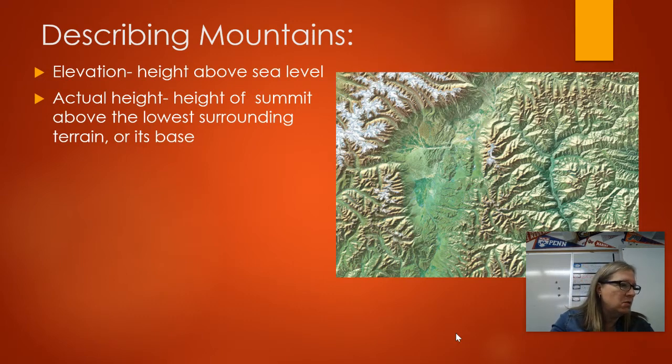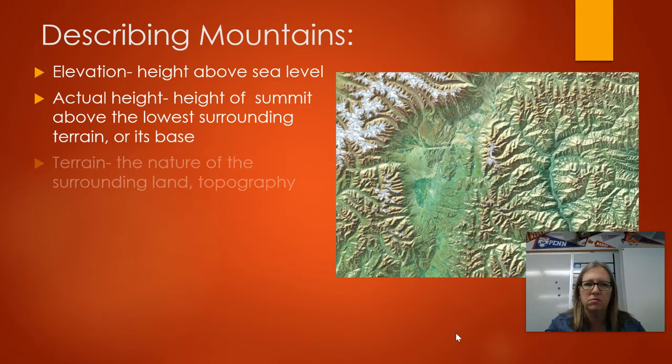Its actual height is only about 5,200 meters because you have to actually climb up to what's known as base camp to get up to the base of the mountain. It's in the middle of the mountains, and so its surrounding terrain has a very high elevation. We still usually talk about the overall elevation of a mountain, not so much its actual height, okay?